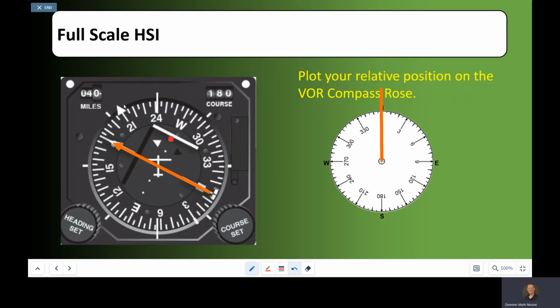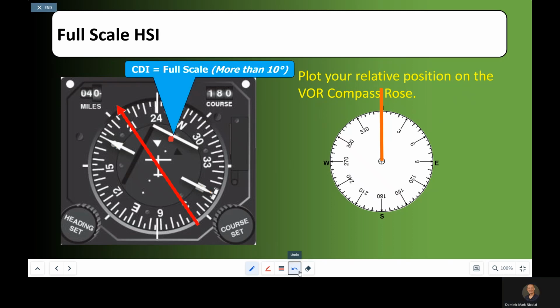And that's where the bearing pointer is going to come in. Notice the head here pointing at 210 and the tail over here pointing on the 030 mark. That's the bearing pointer, so we need to use this information here and understand that I'm on the 030 bearing from the station. So my red dot there represents the position of the aircraft. We are 030 from the station.